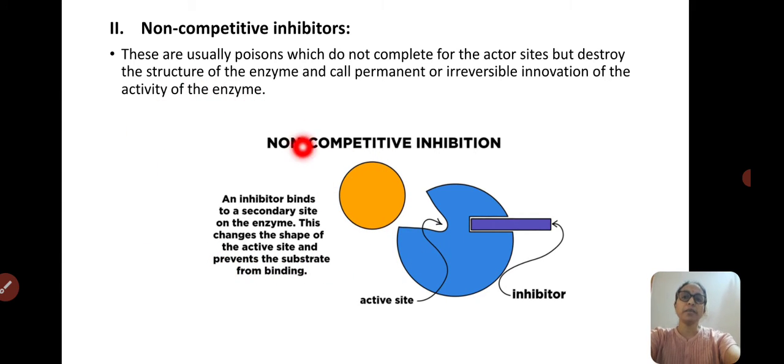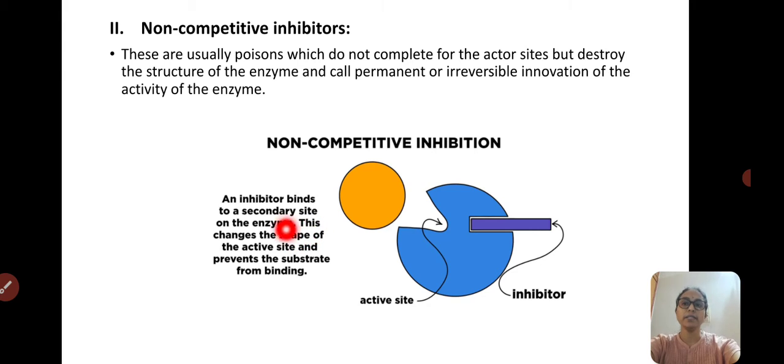This type of inhibition is called non-competitive inhibition, and it is very importantly an irreversible reaction because permanent damage will be caused to the enzyme, and it makes the enzyme very much inactive, and the activity cannot be restored. So it is an irreversible reaction.